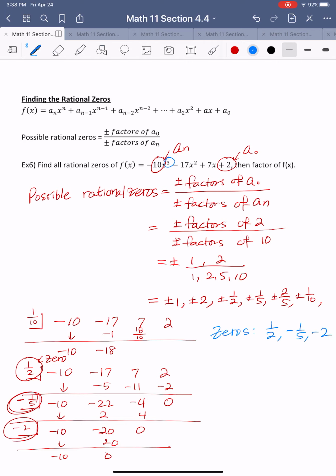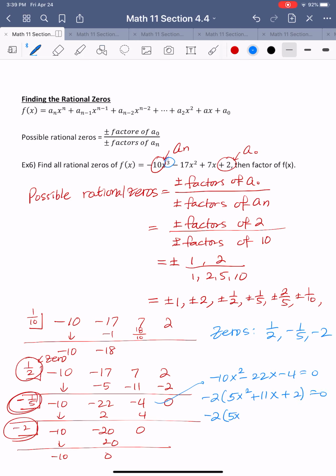But this is a degree of 3, so once you have this, you can write that from here as negative 10x squared minus 22x minus 4 equal to 0. And then when you factor out the negative 2, you get 5x squared plus 11x plus 2, which means you get the zeros from here.